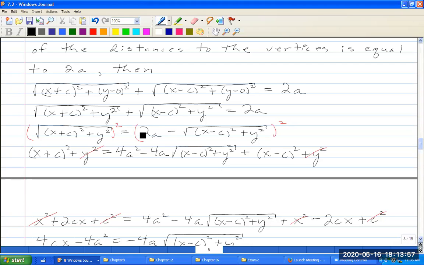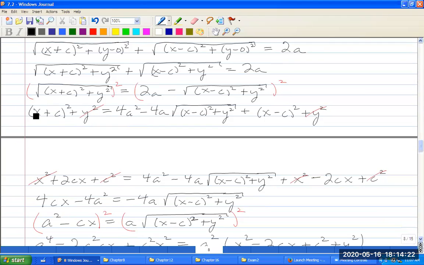Now let's use a special product formula to simplify this. I get (2a) squared, which is 4a squared, minus 4a times the radical of (x minus c) squared plus y squared, plus, the square gets rid of the square root, (x minus c) squared plus y squared. Let's simplify this by the perfect square trinomial. The left side is just x squared plus 2cx plus c squared.